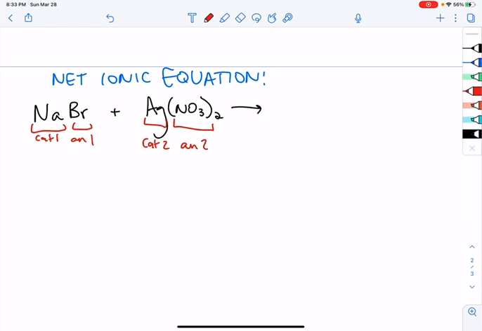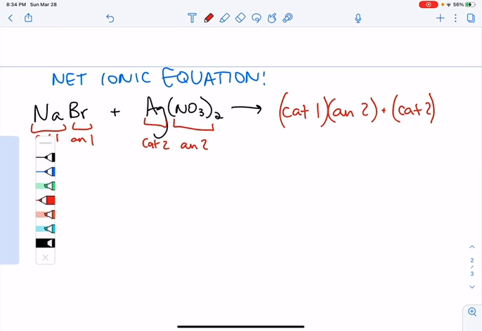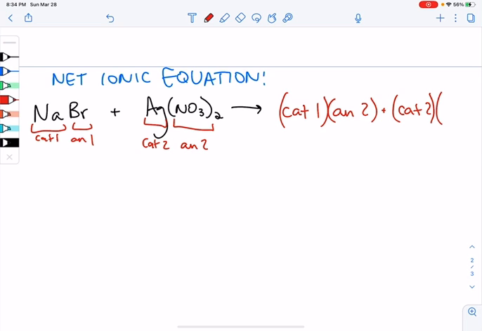We don't care about any stoichiometry yet. We just want to switch. So over here, we want to put cat 1 with anion 2 and cat 2 with anion 1. So we're basically just doing a switcheroo.